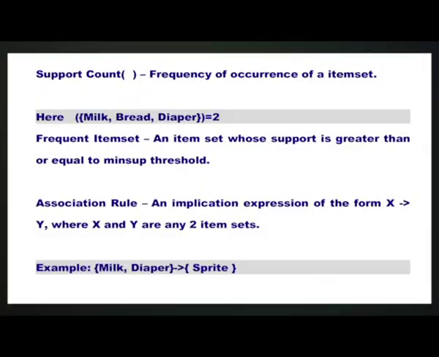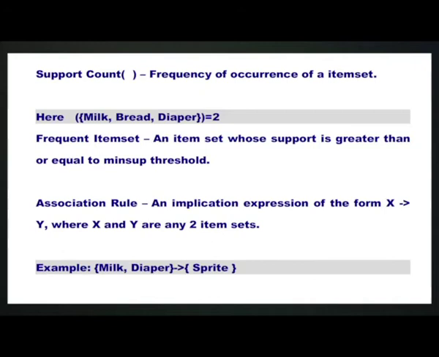Before we start defining the rule, let us first see the basic definitions. What is support count? It is the frequency of occurrence of an item set. For example, consider the item set which consists of milk, bread and diaper. The support count is 2 according to the table. What is a frequent item set? An item set whose support is greater than or equal to a minimum support threshold.